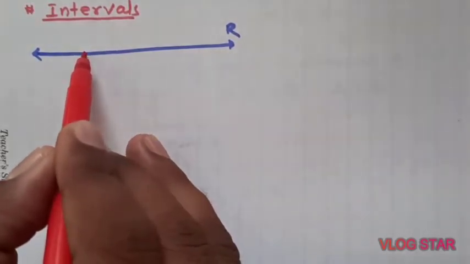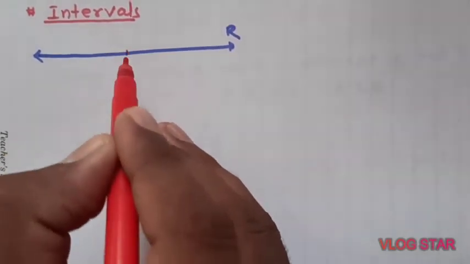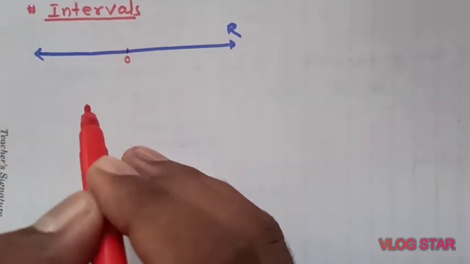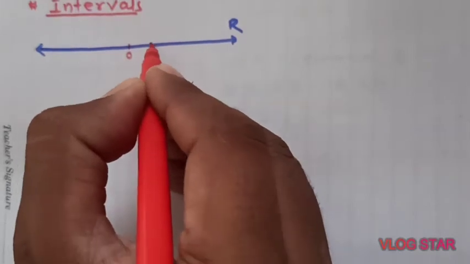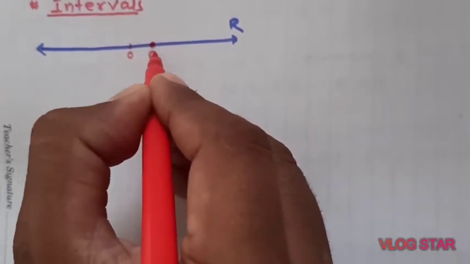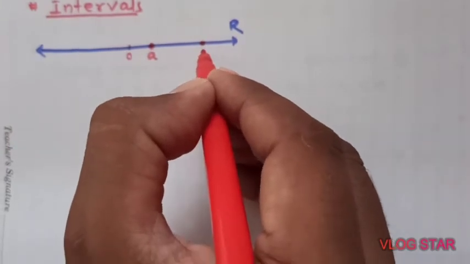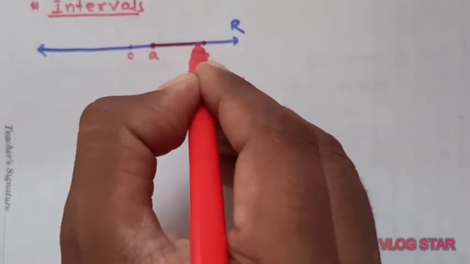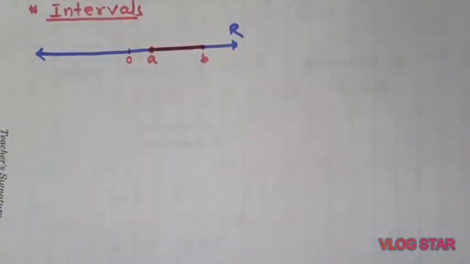If I consider one point from here, that is associated with one of the real numbers, isn't it? So if here is 0, and if I take a point from here, say point A, real number A and real number B, so I get an interval from A to B.